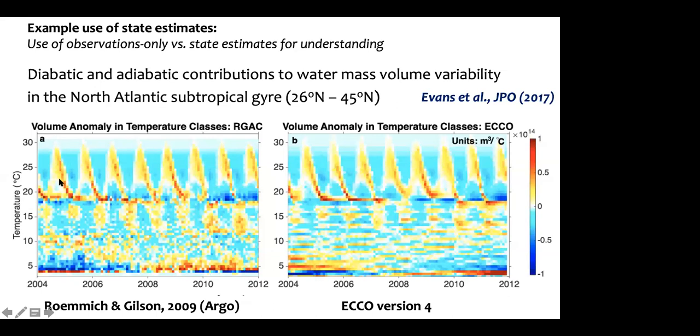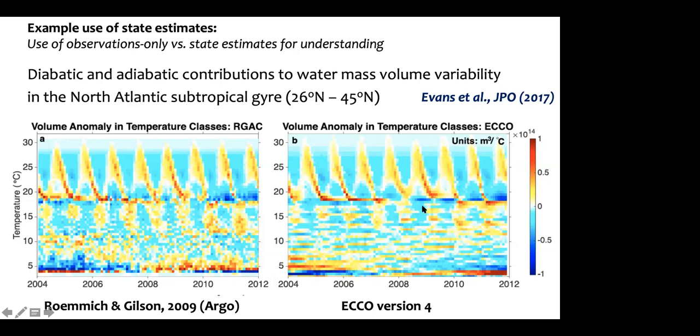So again, keep in mind, these warm colors are just volume anomalies of certain of these temperature classes that basically suggest a production rate over the year, at repeating years.